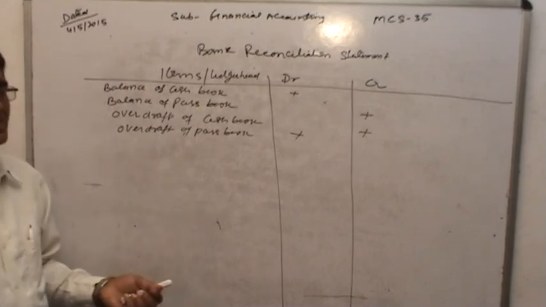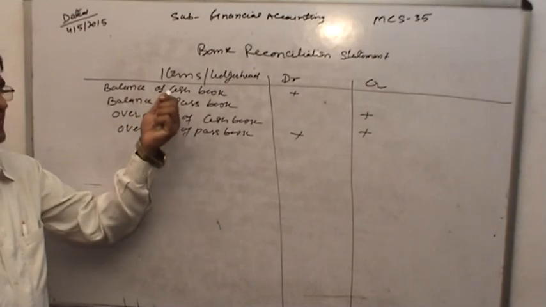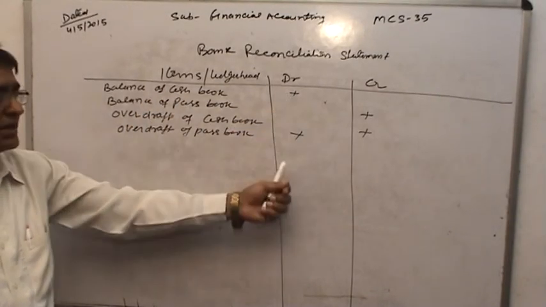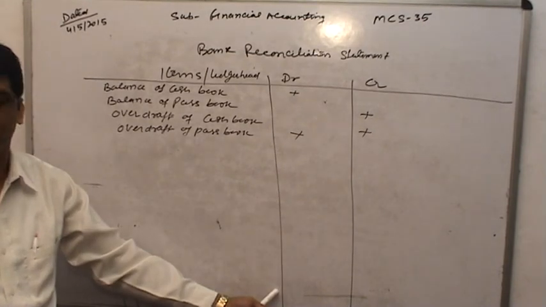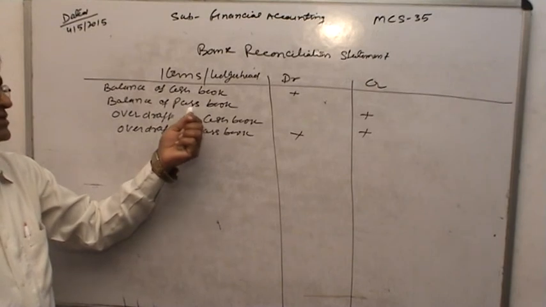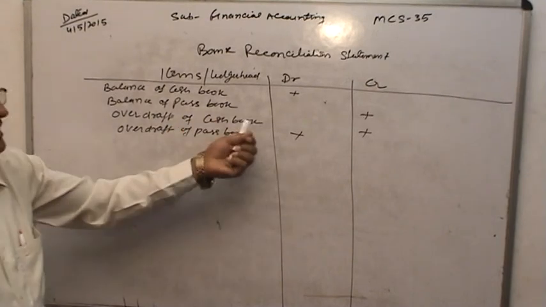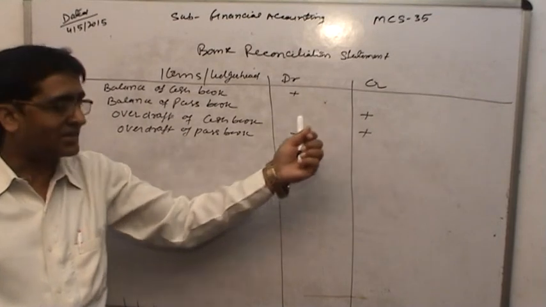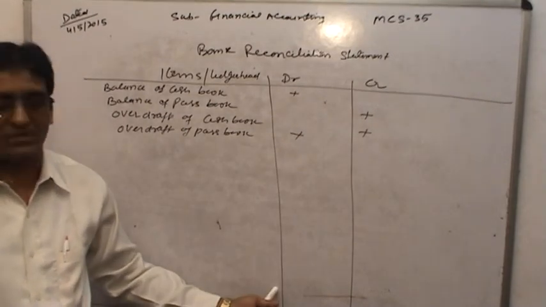Suppose you have prepared the BRS using the balance of cash book, then it should be debited, and the rest of the entries remain the same. Whenever you prepare the BRS using the balance of passbook, then the balance of passbook is written in credit, and the rest of the entries remain the same.